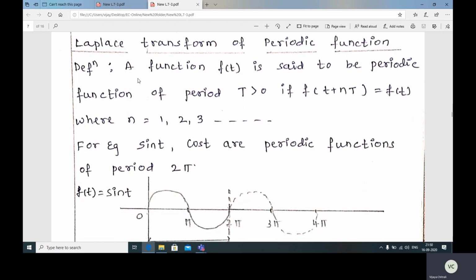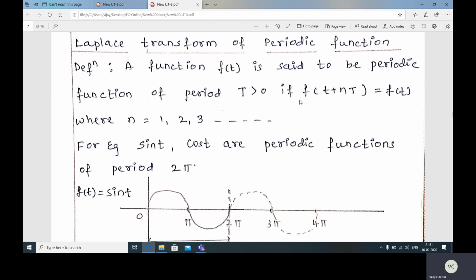First, the definition: a function f of t is said to be a periodic function of period T, capital T, greater than 0, if f of t plus nT is equal to f of t, where n is equal to 1, 2, 3, and so on.